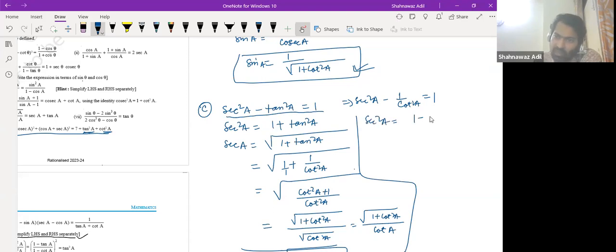So this is 1 by 1 plus cot square A, so this is cot square A plus 1 divided by cot square A. So sec A is the root of this thing, which is ultimately this.